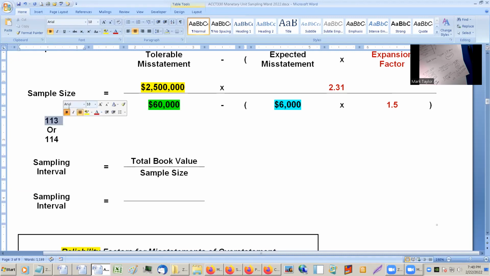And again, the true method would say 113. I use 114 just to be a little more conservative, I guess. You just don't want to have to explain in court that you rounded down. They'll say, why'd you round down? It was part of the method. Why'd you round up? Taking one more item is worth not having that conversation.